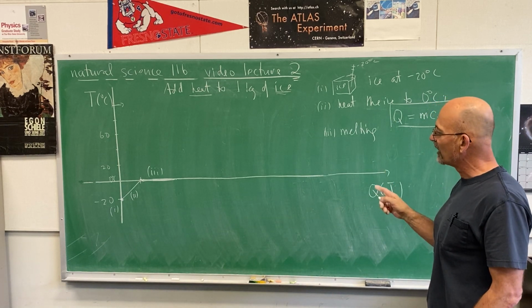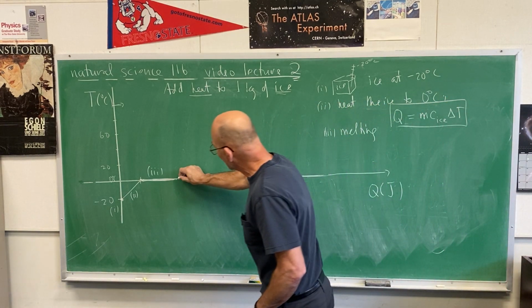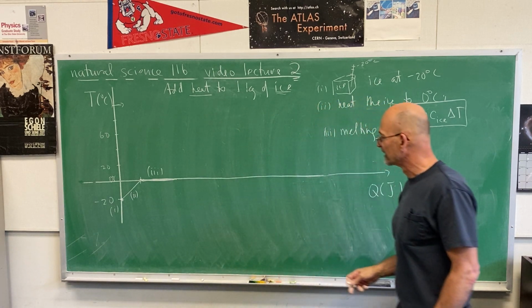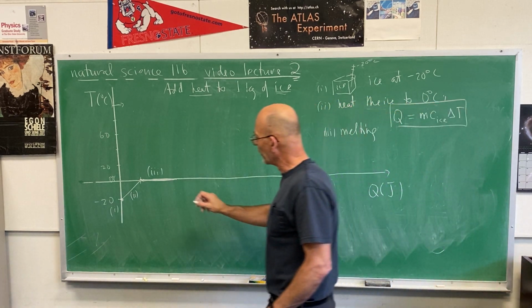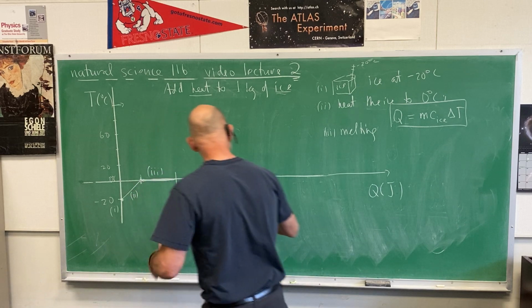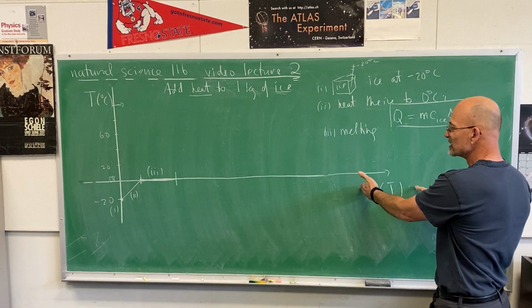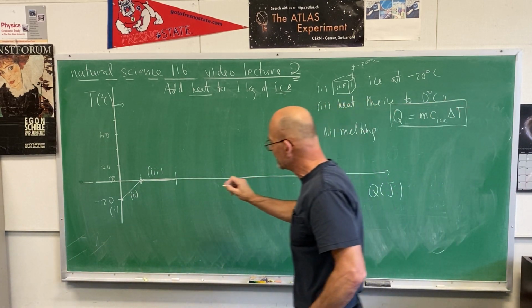And what is kind of astounding is how much energy it takes to melt this ice. So what is this energy amount here on my axis in joules? How many joules is that?